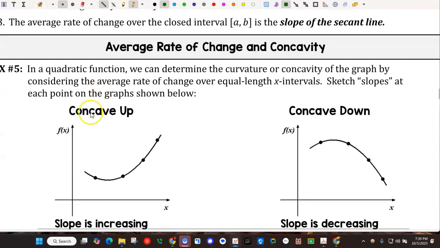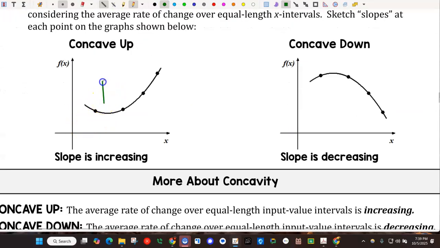If we have something that's concave up, in other words, opening up, what does that tell us about the actual slopes? If I look at this, what is the approximate slope of that line? We could say about negative 2.